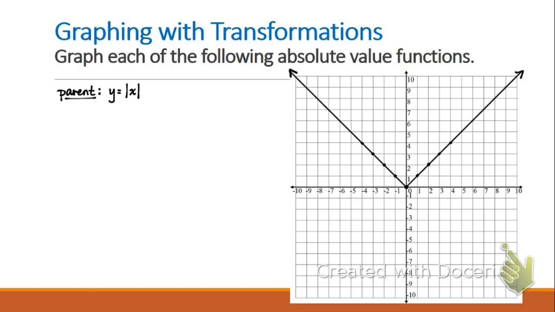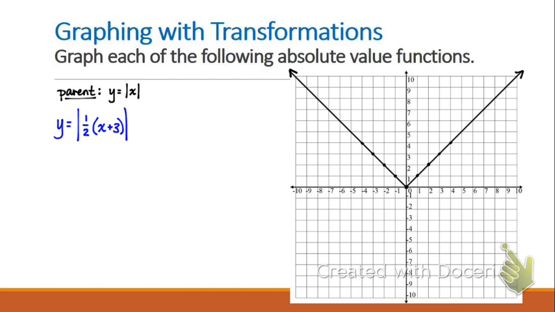So now I've got my absolute value parent function graphed, and we are going to do some transformations of the absolute value parent. So the first one we're going to do is the absolute value of 1/2, and then inside parentheses, inside the absolute value, I have x plus 3.